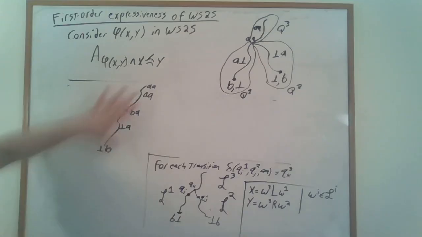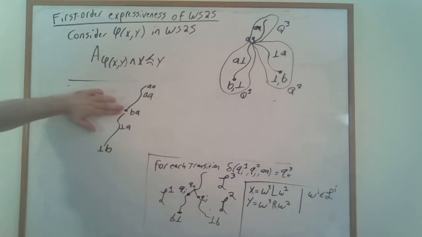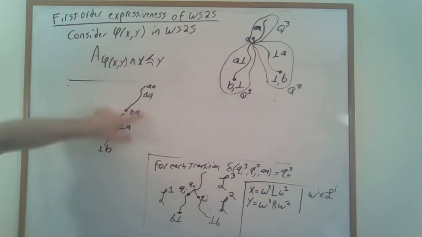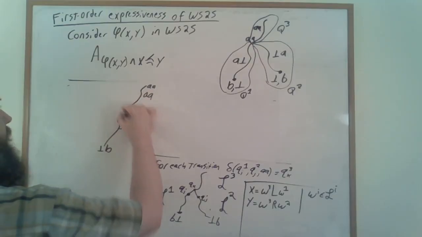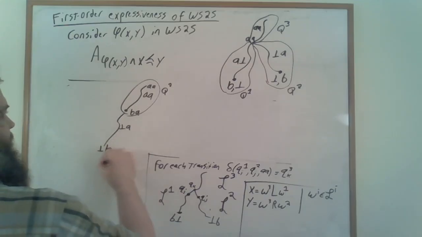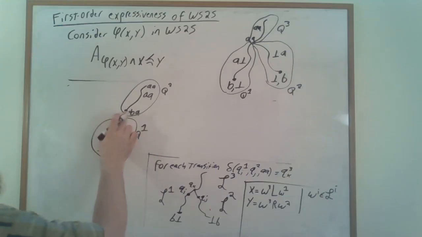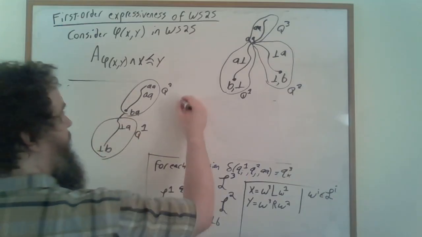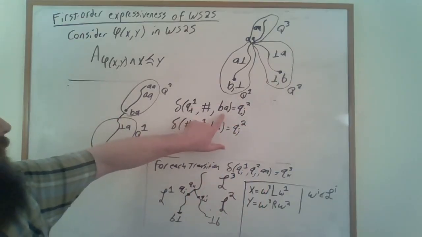But the analysis of these sorts of things is going to be very similar to the analysis of the earlier ones. We look at what sorts of transitions can show up. The key point here is we divide up our states into, in this case, just two parts. The states that can appear here, let's call those Q2, and the states that can appear here, let's call those Q1. And then the transitions that we see here have to look something like this: our node has character BA.